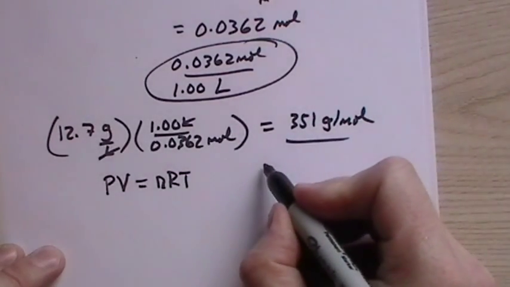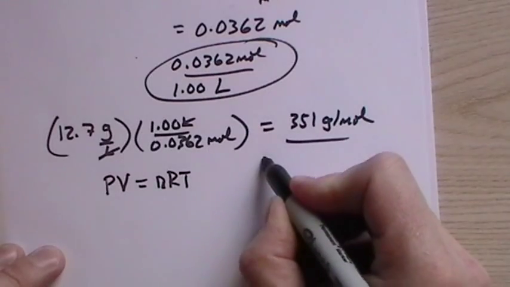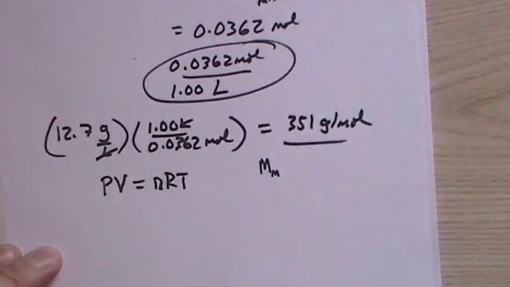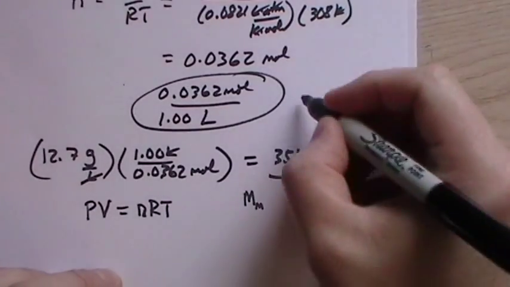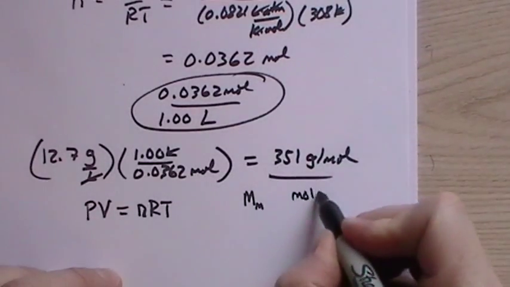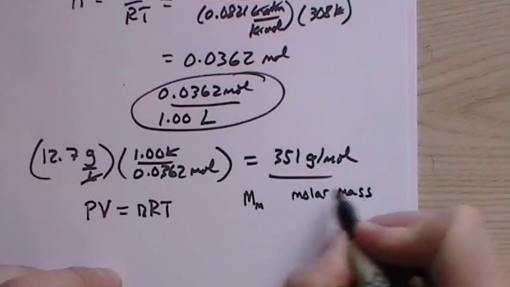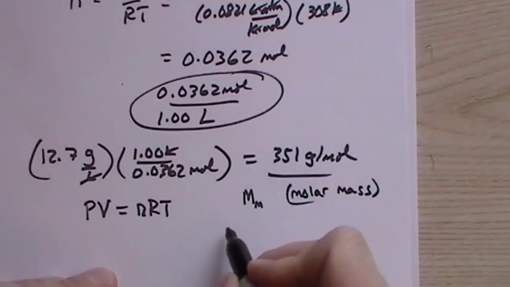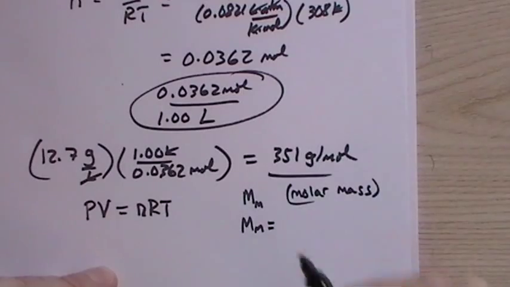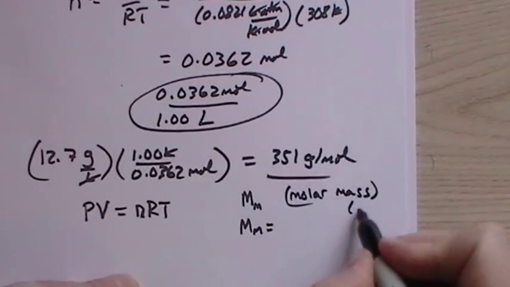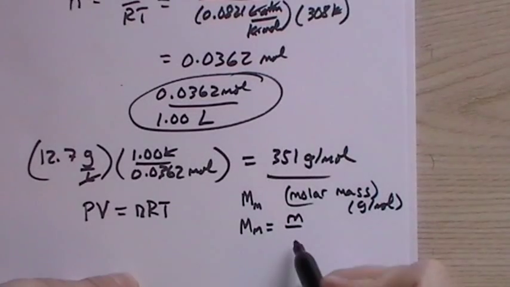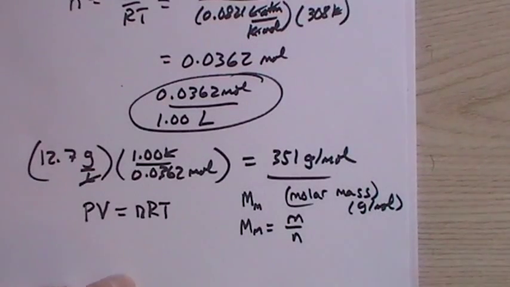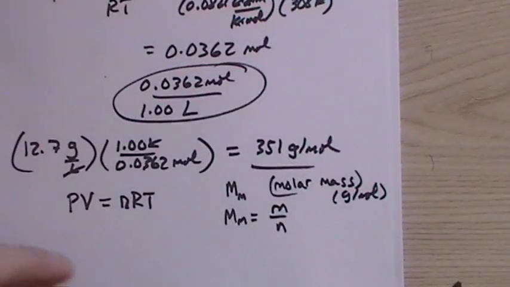But you'll see a lot of times that the molar mass, this is capital M, lowercase m, this is the molar mass, and this is in grams per mole. So this is lowercase m for mass divided by n for moles.